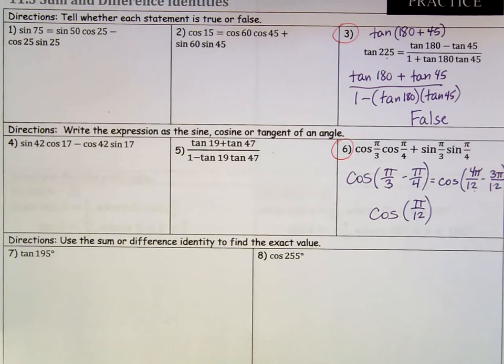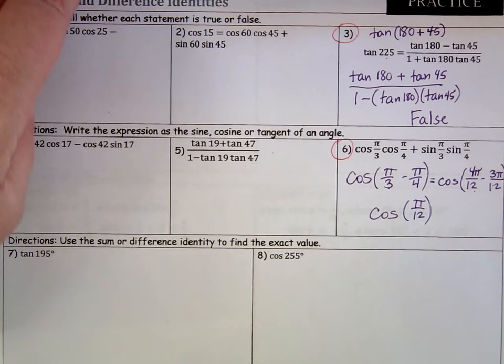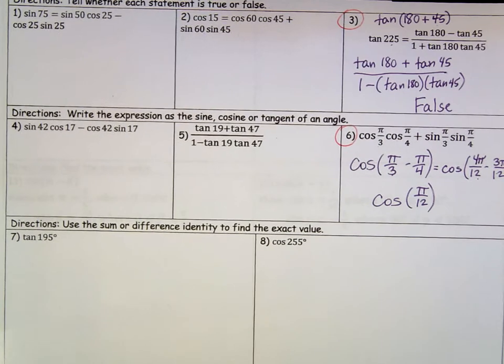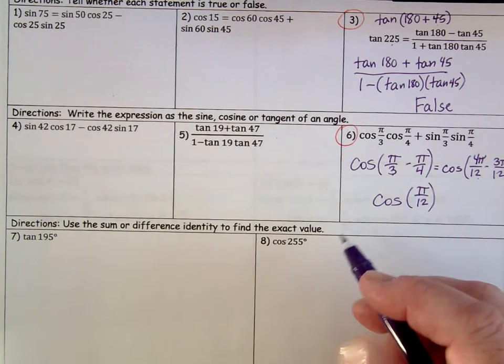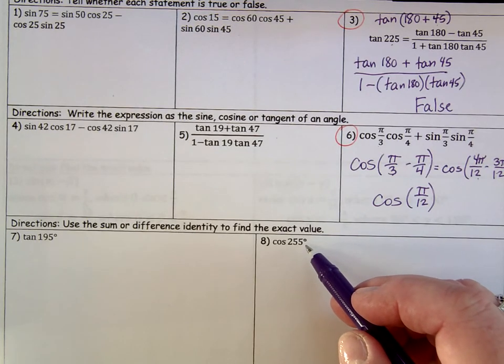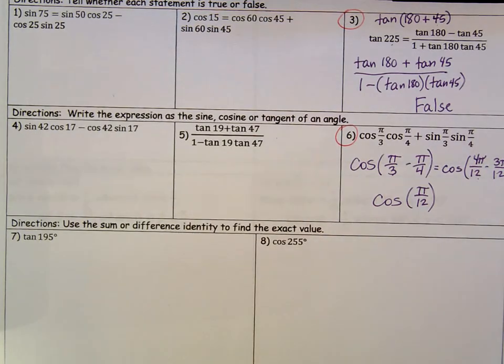All right, the next one I want to go to is number 10, but let's talk a little bit about the ones in between. Remember from the intro video, if you have a problem like number 8, you pick any two values that add or subtract to be 255.